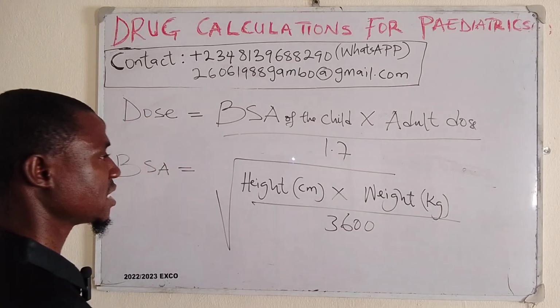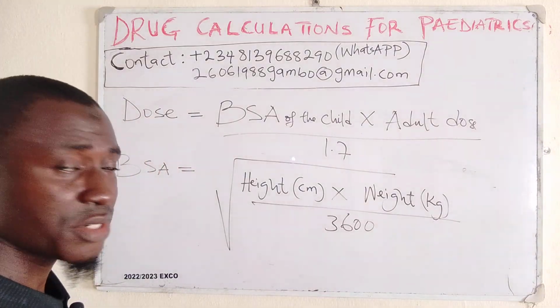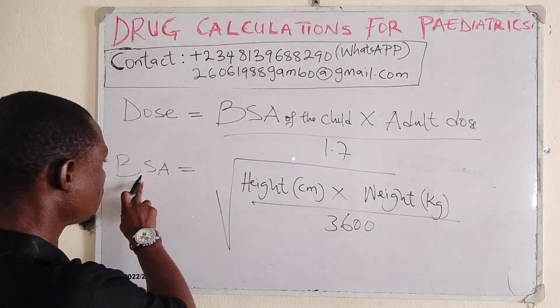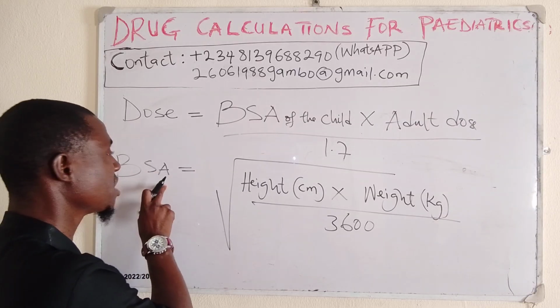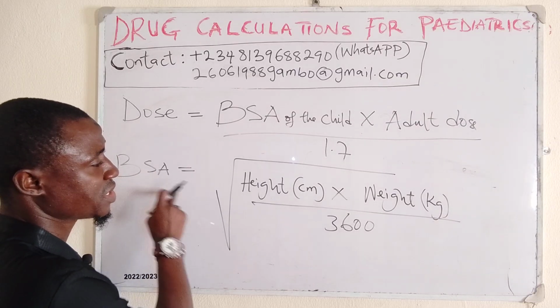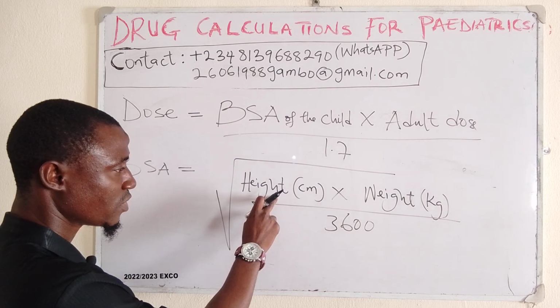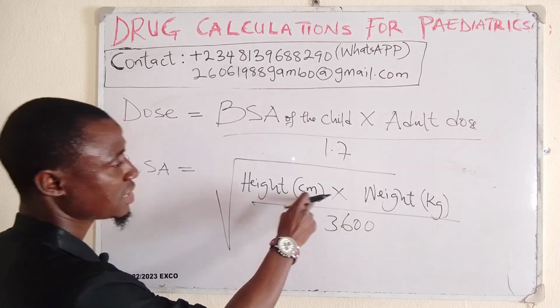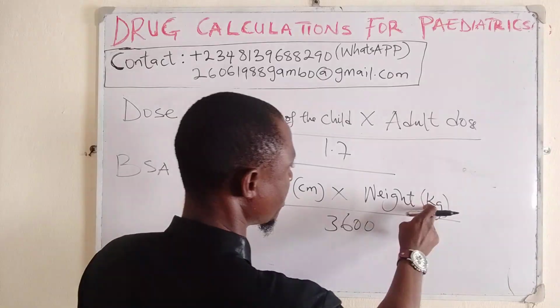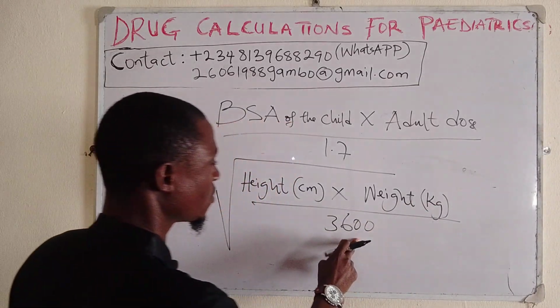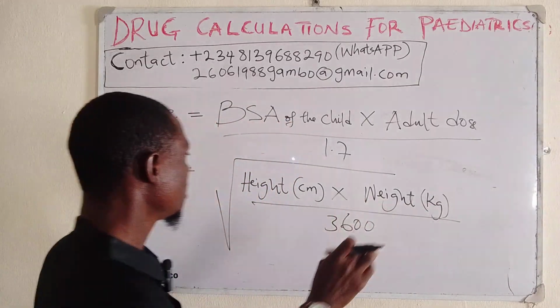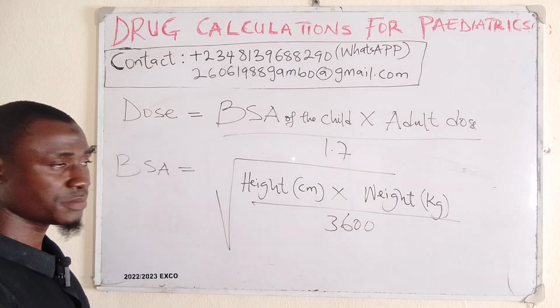So this is the first Mosteller equation. The body surface area of the patient, whether an adult or a pediatric patient, can be calculated using the height in centimeters multiplied by the weight in kilograms over 3,600. This is the first Mosteller equation.